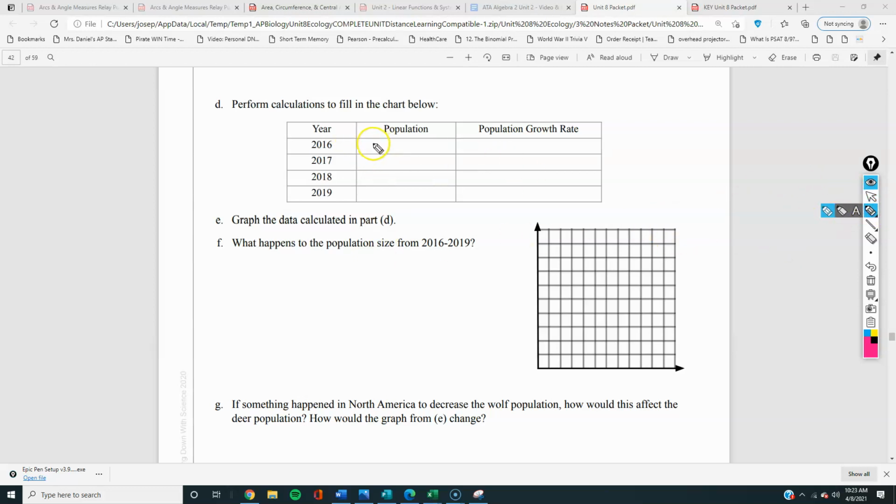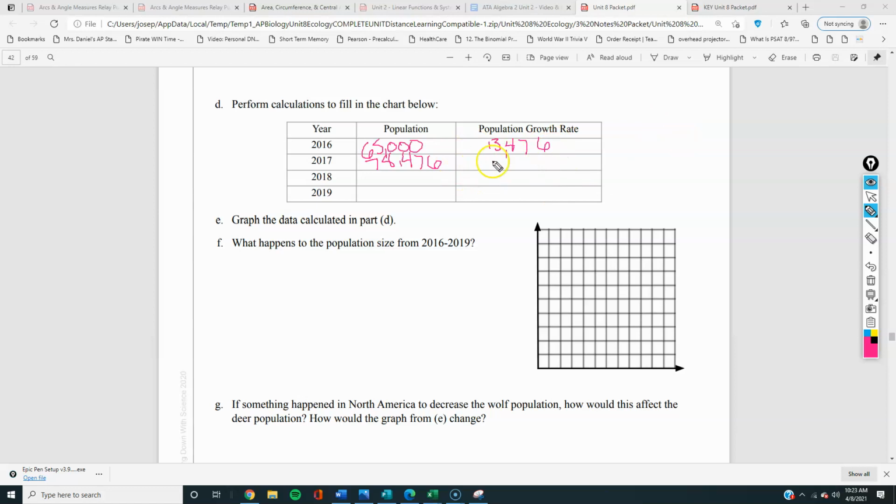All right, so our population here was 65,000. Our growth rate was 13,476 from above. And when we added it, we got 78,476. Now remember, our growth rate is going to change every year because it's not exponential growth. There's a carrying capacity.